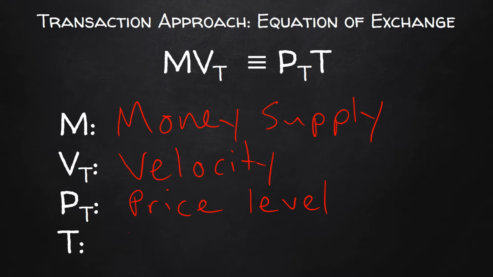And then T in this case is simply the number of transactions that occur within our economy. As I said, this makes more sense as we go through an example. So that's what we'll do next: we will use the transaction approach of the equation of exchange to lead us into our understanding of the standard representation of the equation of exchange.